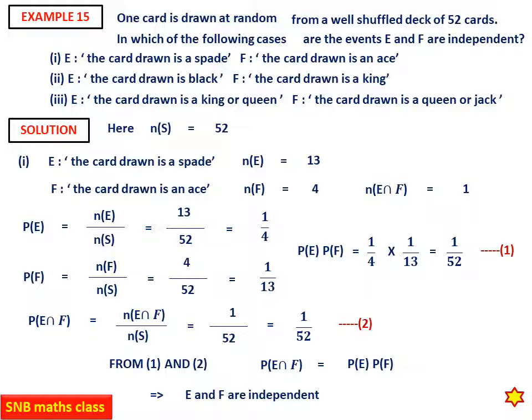Probability E into probability F is 1 by 52 and probability of E intersection F is also 1 by 52. Therefore, from 1 and 2, probability E intersection F is the same as probability E into probability F. So this implies E and F are independent. This is the first part of the question. Let us proceed.